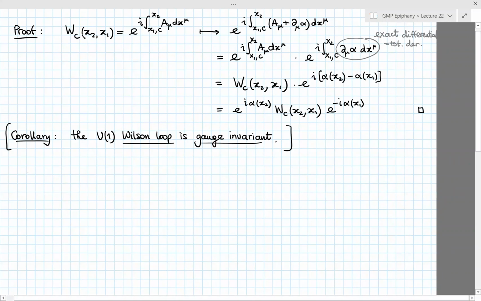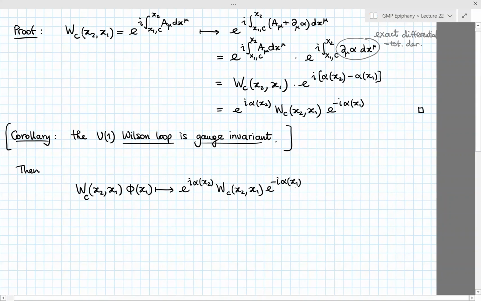Okay, why is this proposition about the gauge transformation of the Wilson line useful or interesting? Well, let's consider the complex scalar phi at point x1 and multiply it by a Wilson line from x1 to x2 along the curve C. And now let's consider the gauge transformation of this object. Now the Wilson line transforms as above, so we get e^(i alpha(x2)) times the Wilson line from x1 to x2 along curve C times e^(-i alpha(x1)).